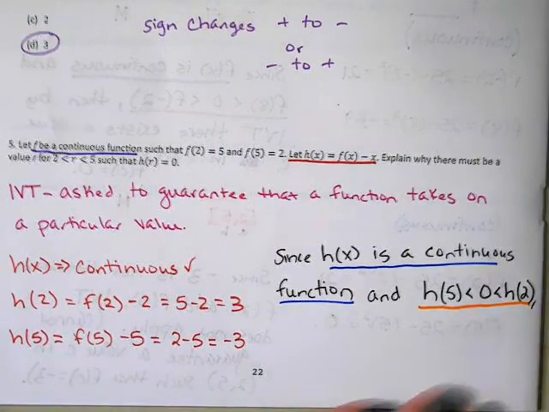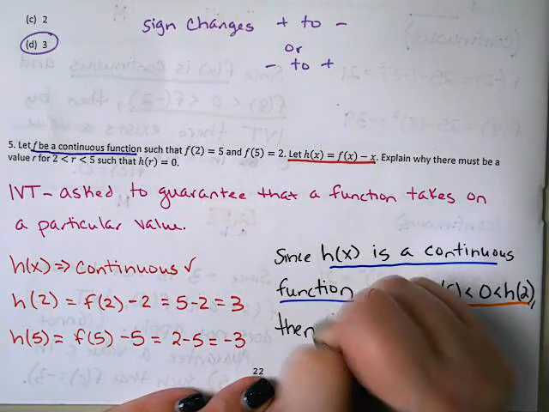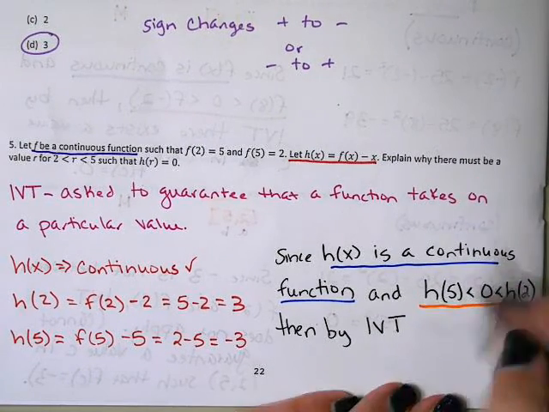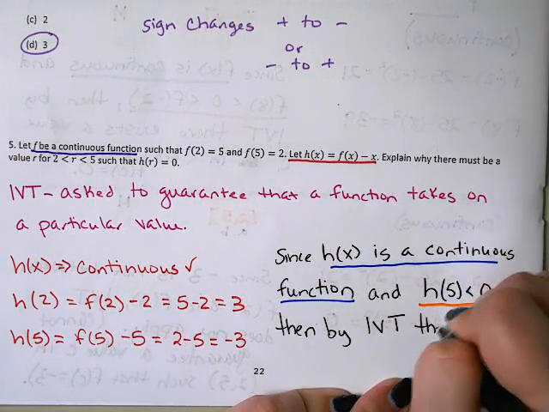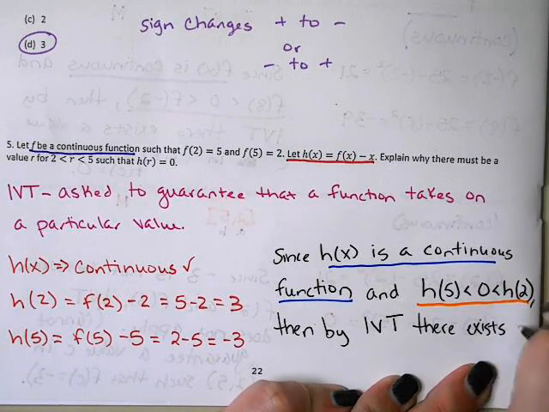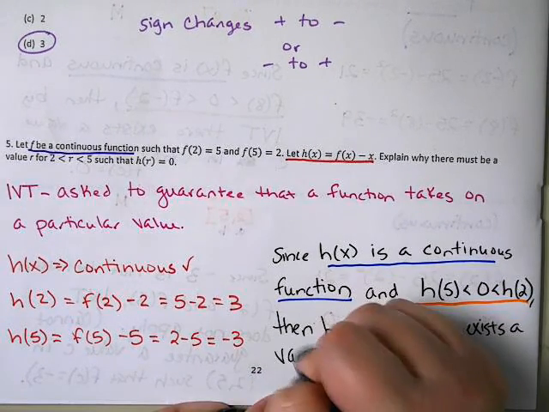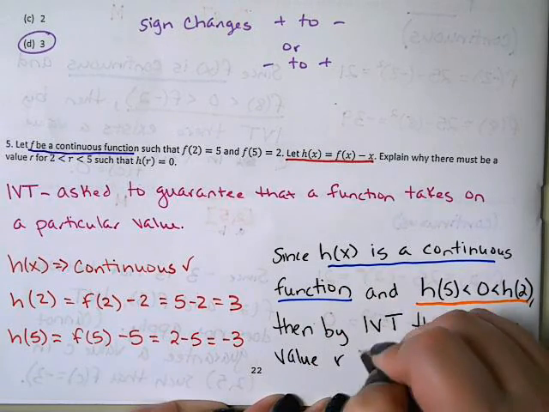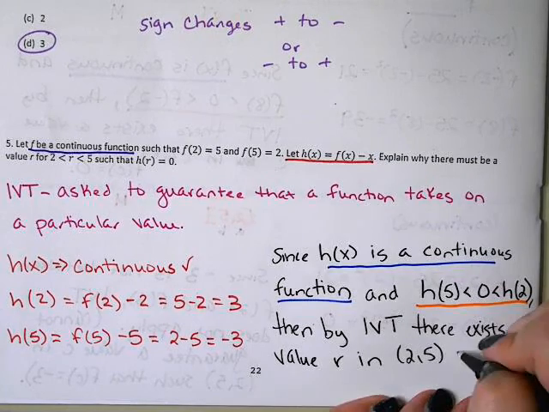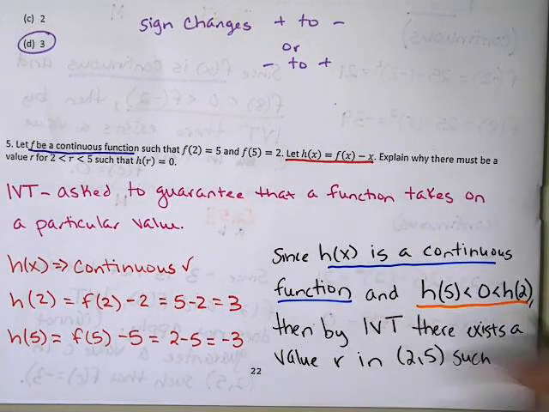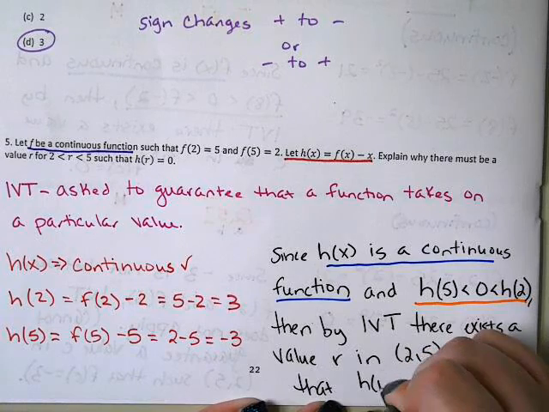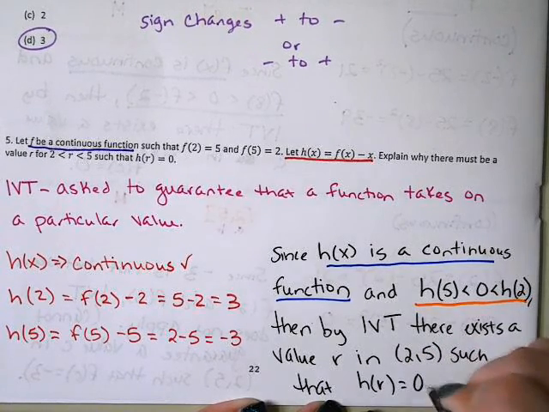Then by IVT, intermediate value theorem, there exists a value r in the interval 2 to 5 such that h of r equals 0.